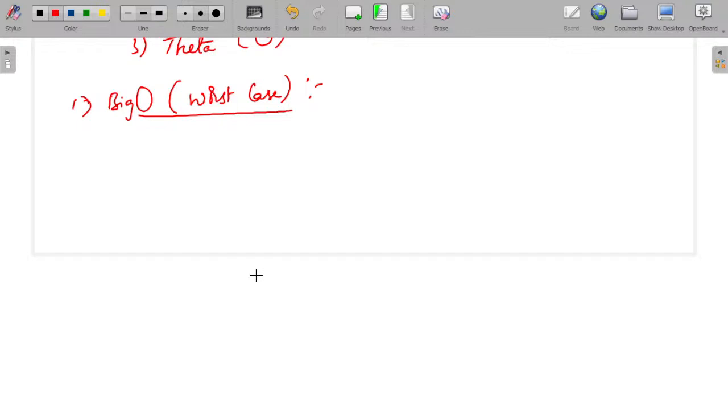Why big O? Because the worst case is the safest way of telling the complexity of any given algorithm, since it always tells users the maximum amount of time it is going to take.